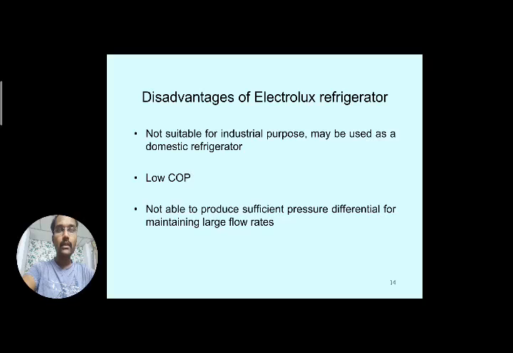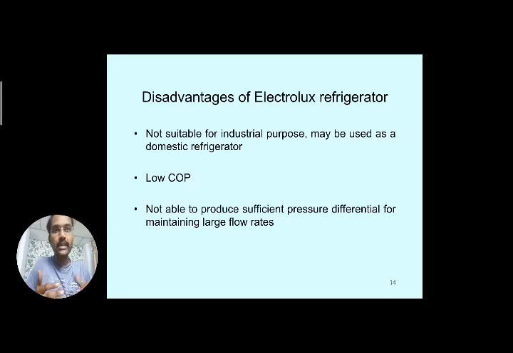It means whatever fluid we are using, the hydrogen, the third substance, which we use here to reduce the pressure in the evaporator, is not providing much pressure difference. The system is charged to 14 bar, and the hydrogen is maintained at 12 bar, so we get only a 2 bar pressure difference.